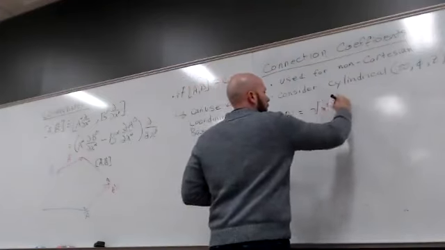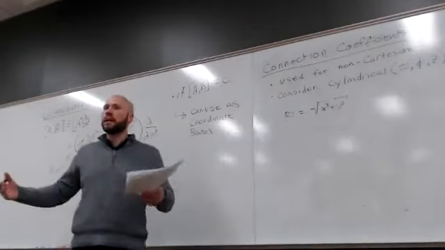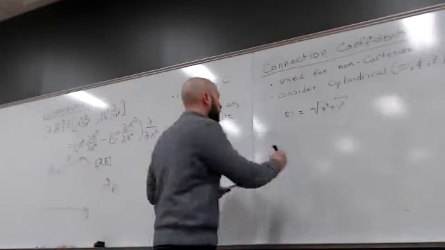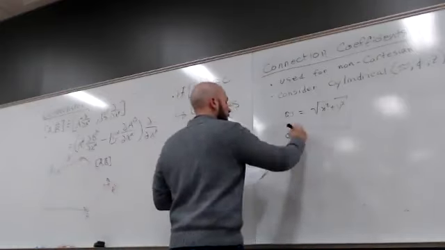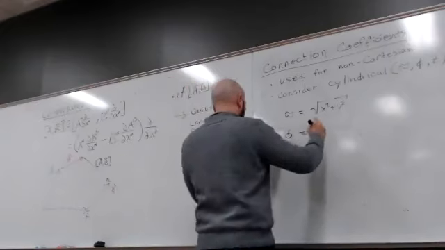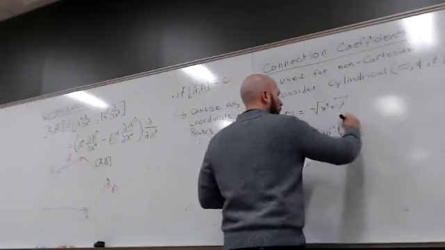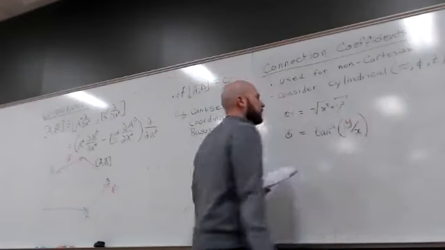The square root of x squared plus y squared is the coordinate omega, the cylindrical radius, right, in some 3D space. And then phi just measures angular distance from the x-axis. And so that's going to be the arctangent of y over x.